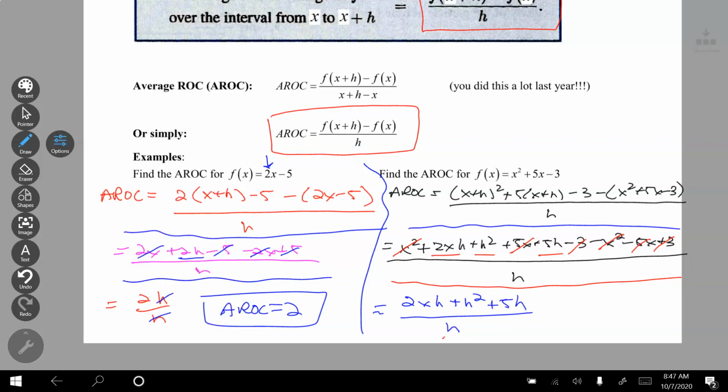I realize that this 1h is cashing out 1h here, 1h here, and 1h here. So I get my average rate of change is 2x plus h plus 5. This is what we did last class, and something we're going to use a lot in this unit.